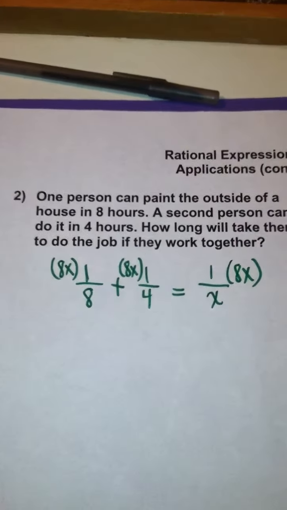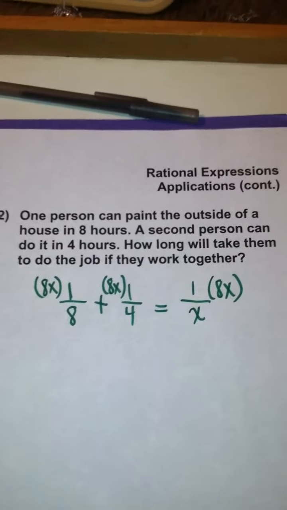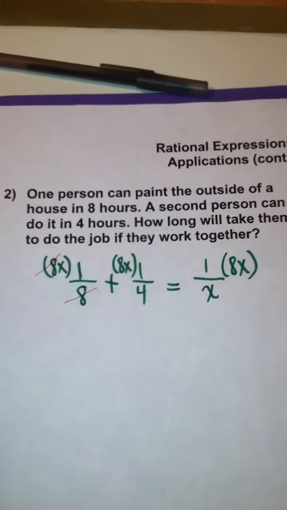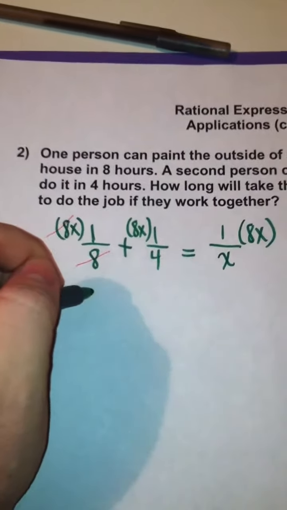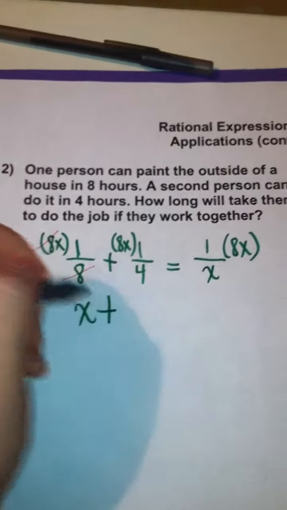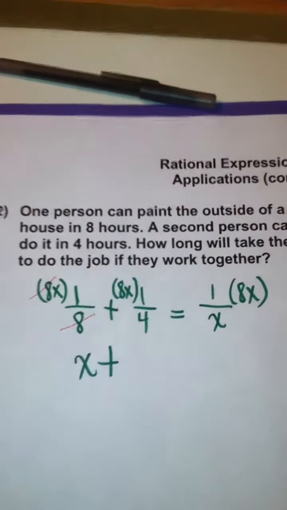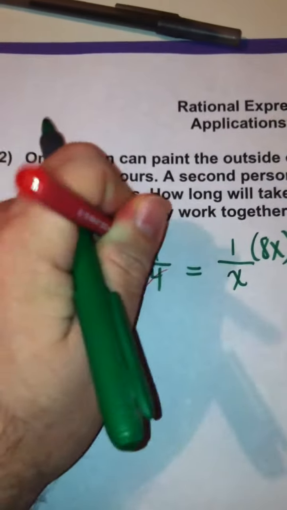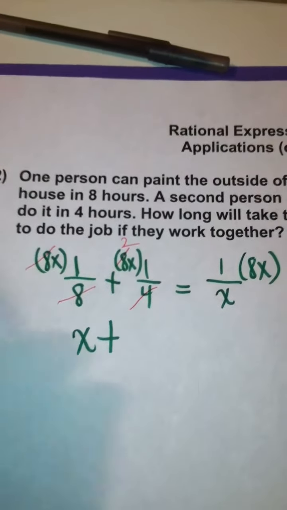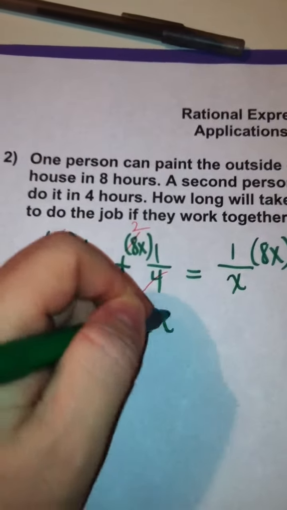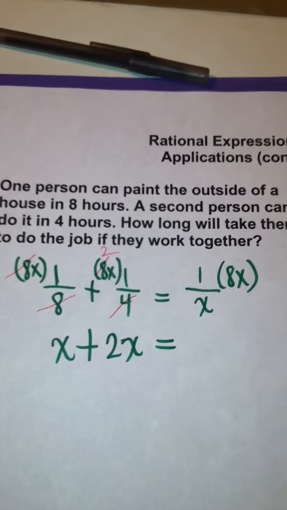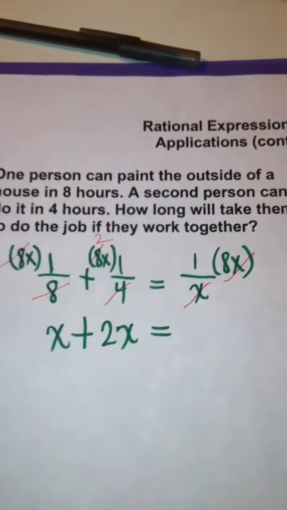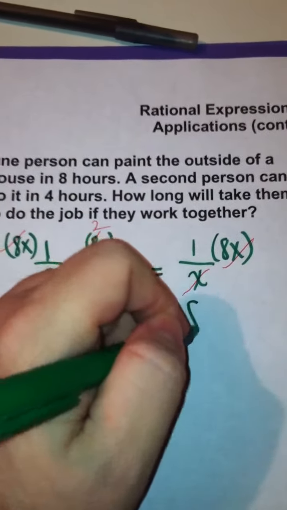With each part, see what can cancel. The first part, the 8's can cancel, leaving us with just x. The second part, the 4 can go into 8 2 times, leaving us with 2x. And on the last part, the x's cancel out, leaving us with just 8.